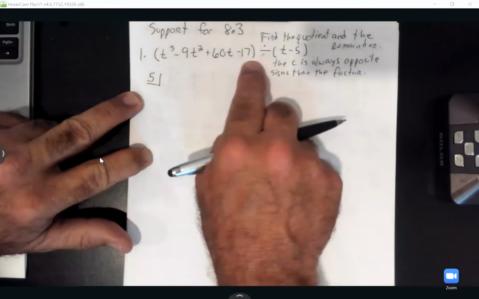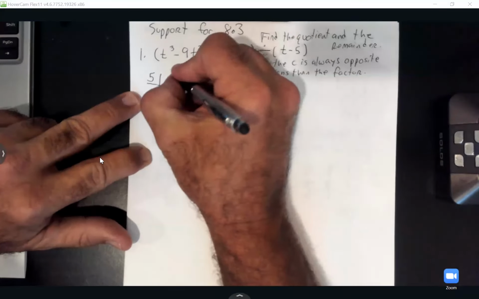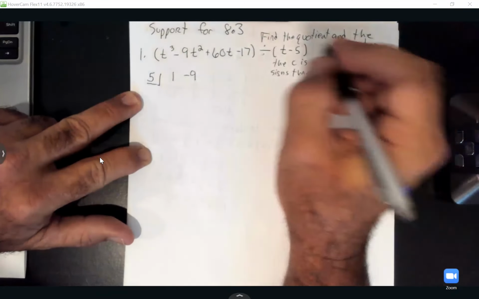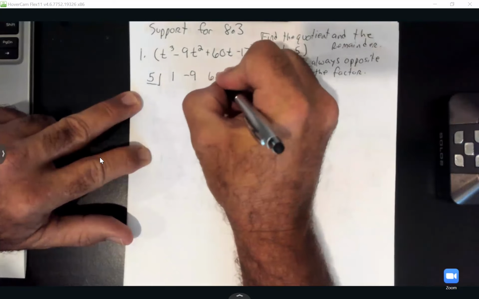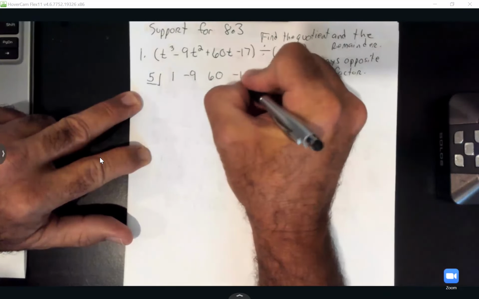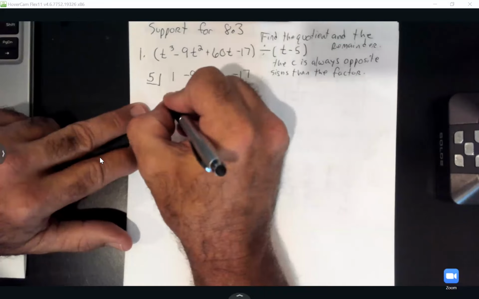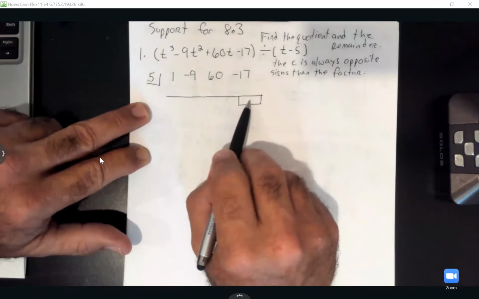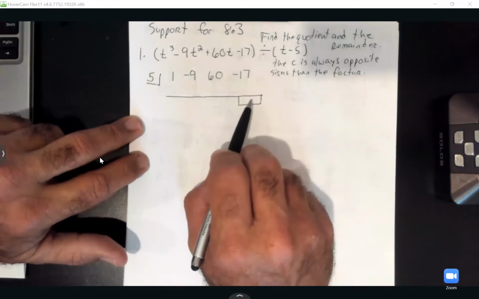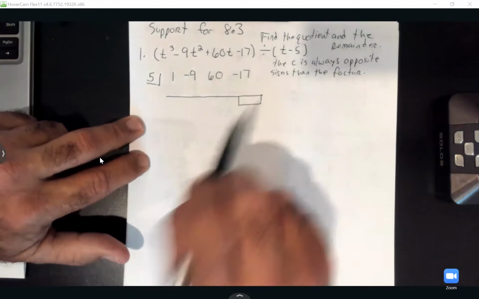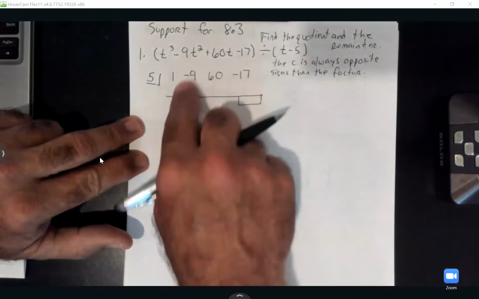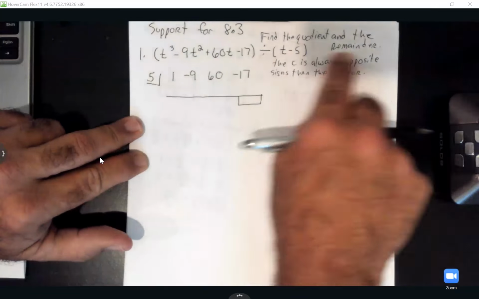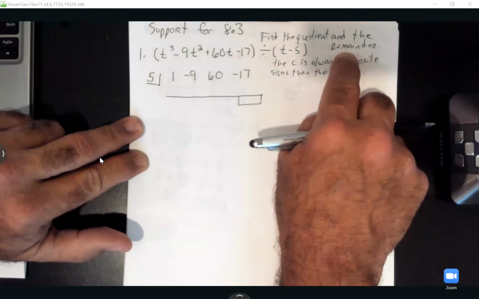Now write out your coefficients. So I got a 1 for the t to the third, negative 9 for my t squared, 60 for my t, and then negative 17. Now remember, my remainder will be in this box. So we're going to do our synthetic division, and then I'll show you how to get the actual quotient and remainder that they're asking about, okay?